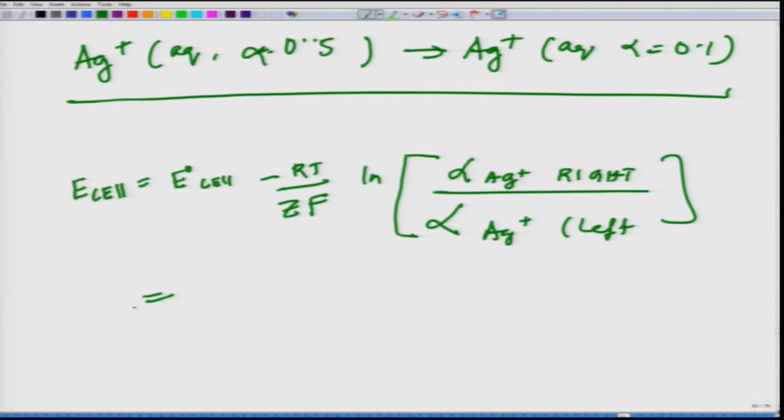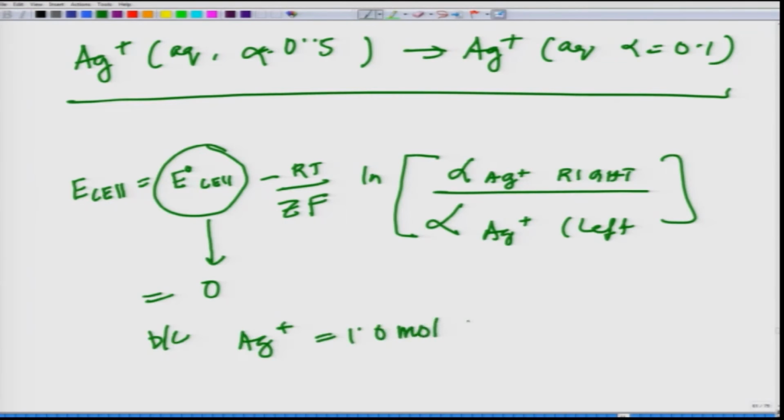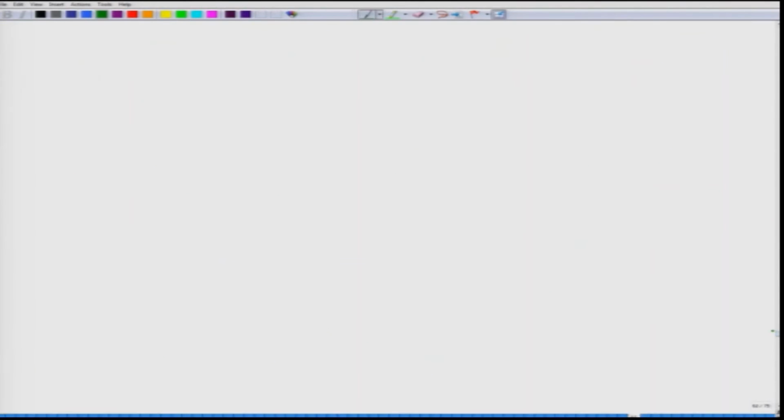Now, E0 of the cell will be 0 because under standard condition the concentration of Ag plus is the same in both half cells.